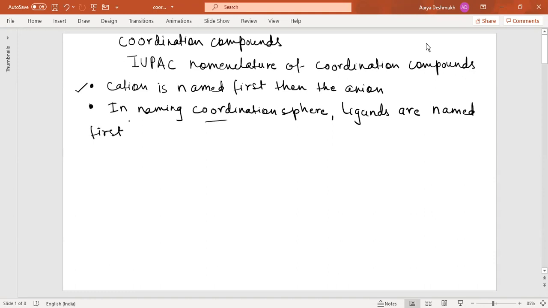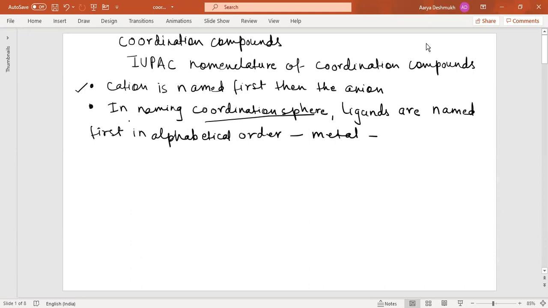I am talking about the coordination sphere, which is inside the square bracket. So in naming the coordination sphere, ligands are named first in alphabetical order, followed by the metal atom.